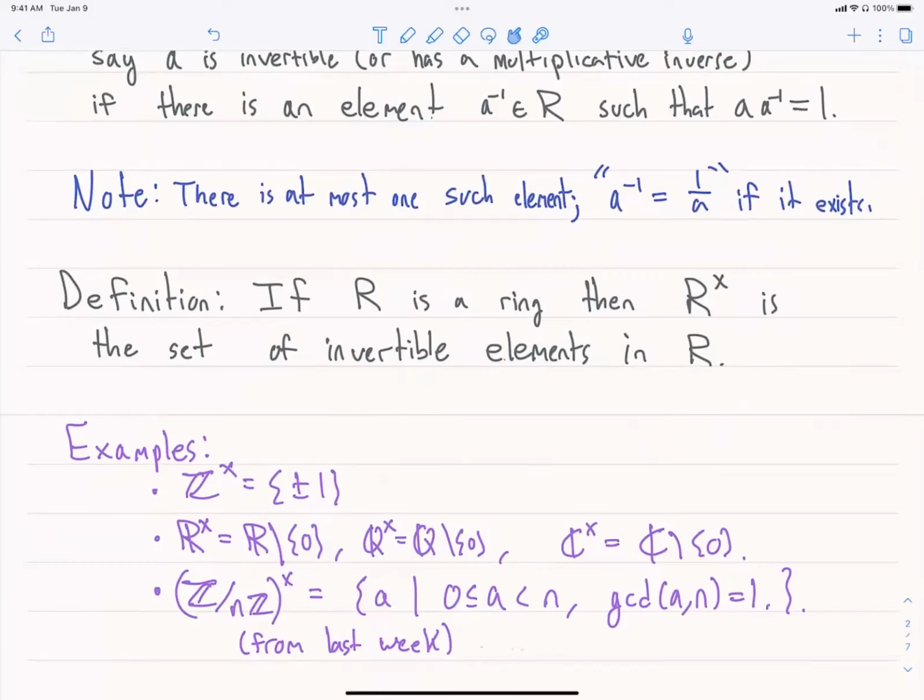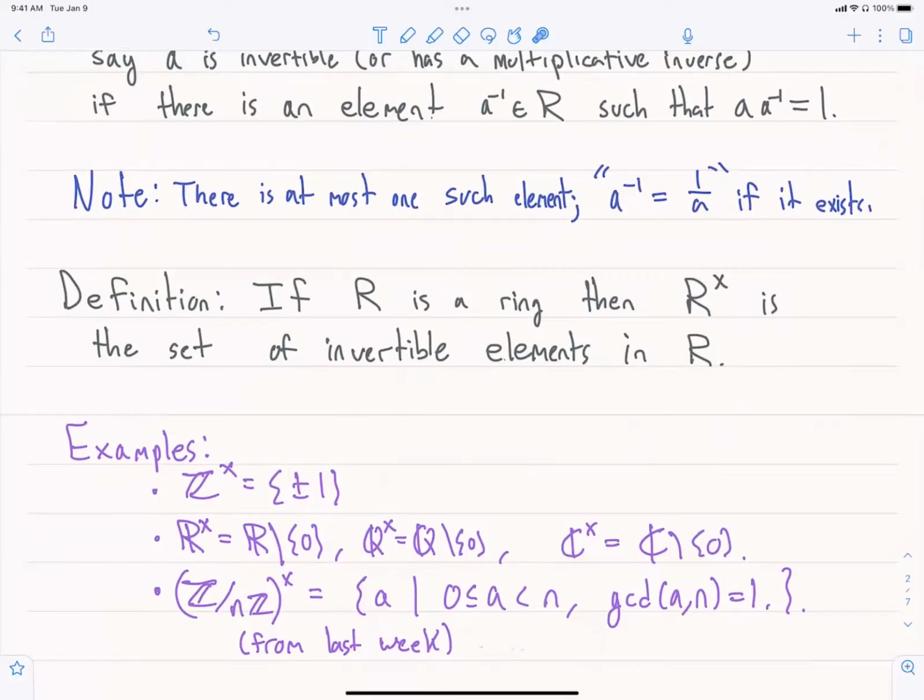And then last week we saw that in Z mod NZ, the invertible elements corresponded exactly to the elements A where the GCD of A and N was equal to 1. Remember, Z mod NZ, I thought of as being just the symbols 0 through n minus 1.